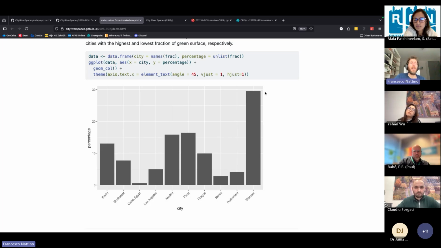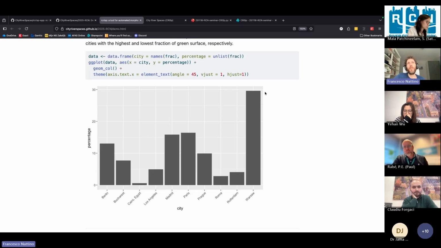When working on Rcrisp, we also realized that not everyone has the skills to write code and to work with Rcrisp in a programming environment.